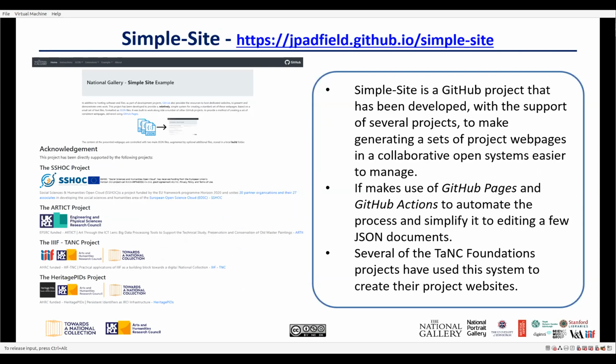The work to create Simple Site was supported by several projects, including the IIIF Tank project towards the National Collection, but also the Heritage PIDS towards the National Collection project, the SHOCK EU Horizon 2020 project, and the EPSRC Arctic imaging project. So there's a number of projects that have directly made use of this technology already. And I should also say that several of the other Tank foundational projects have also used it to create their project websites. So it's been quite useful within the foundational projects already.